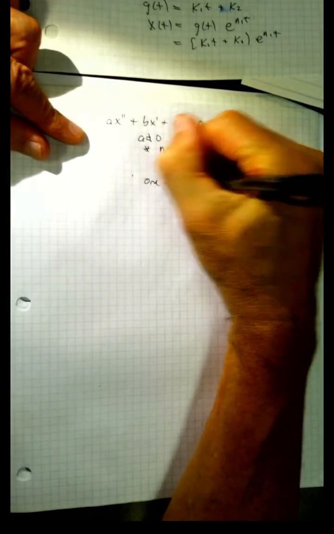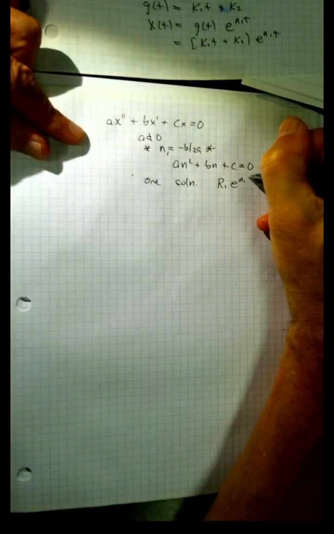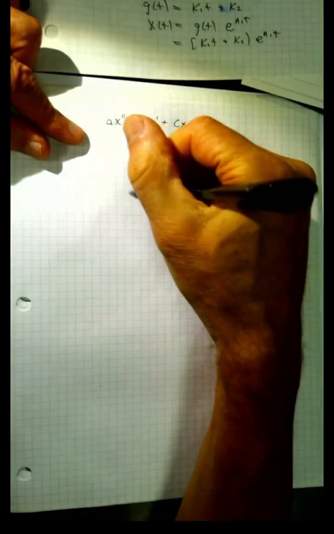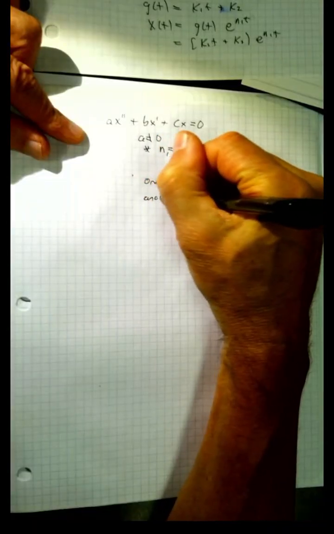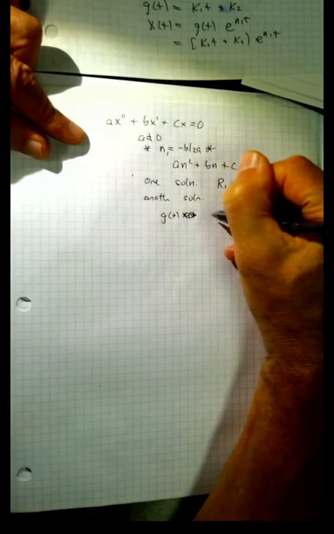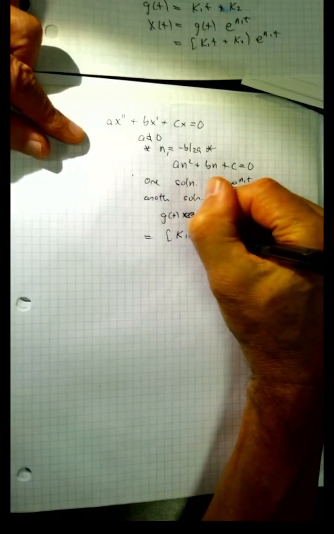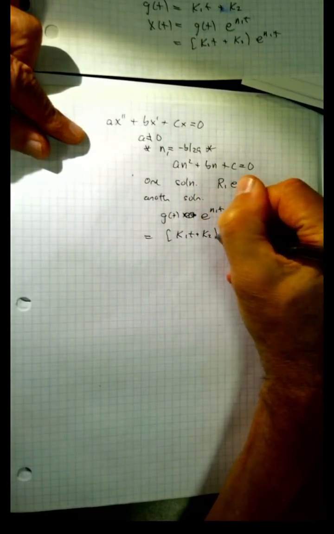And that means one solution I can write in the form of r1 e to the n1t. Another solution can be written in the form of g of t times e to the n1t, where g is k1t plus k2.